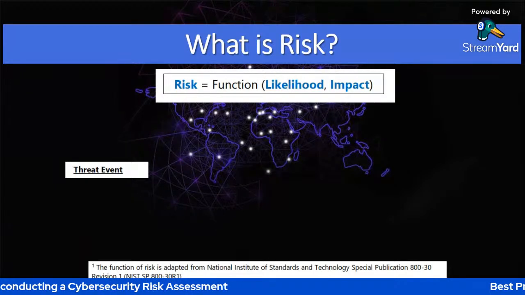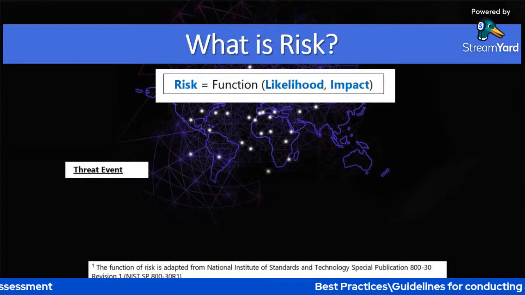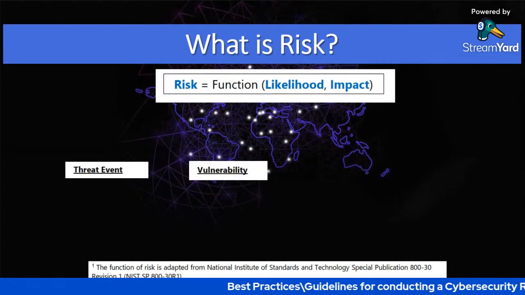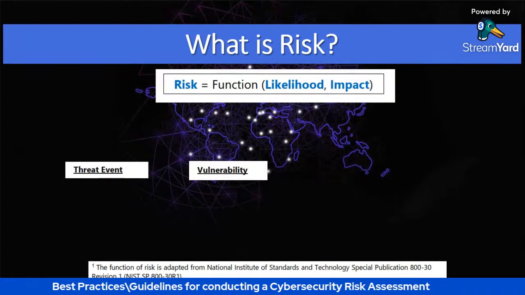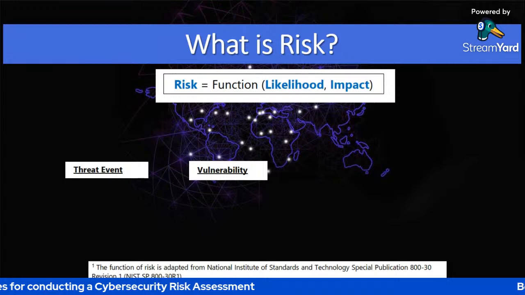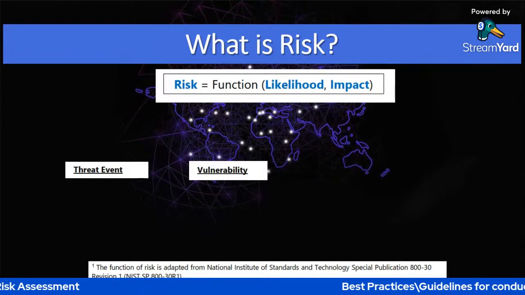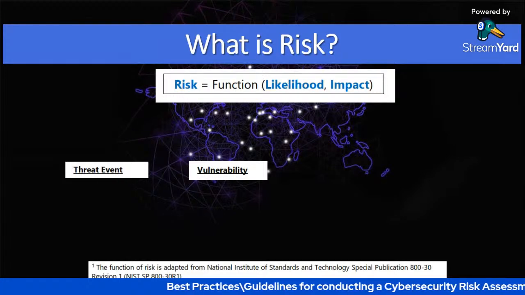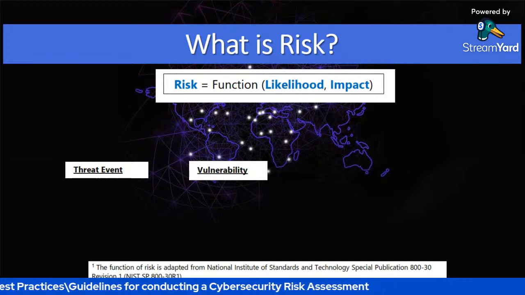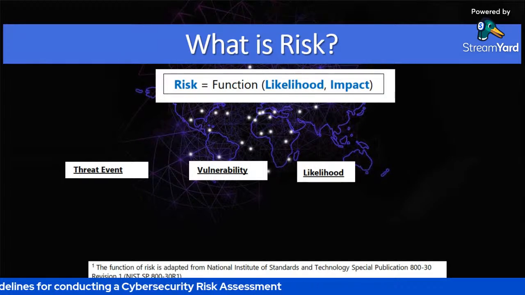Then the second element that we look at as it relates to risk is vulnerability. And when we talk about vulnerability, this refers to a weakness in the design, implementation, and operation of an asset or the internal control of a process. Then we have likelihood.